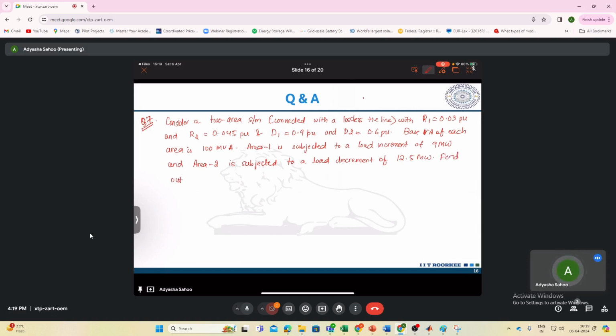Find out the steady state frequency deviation given the nominal frequency is 60 Hz. So no control actions.